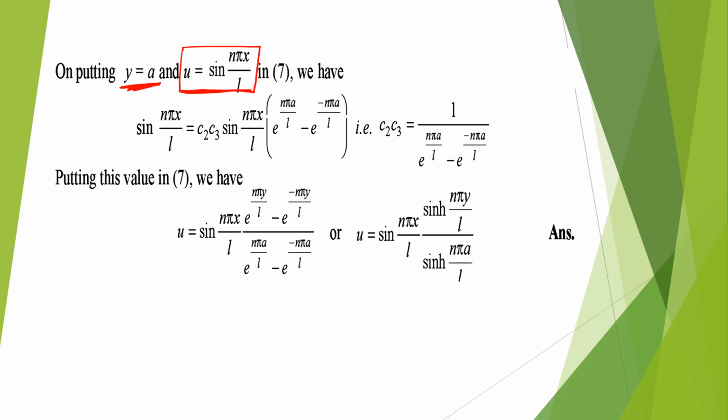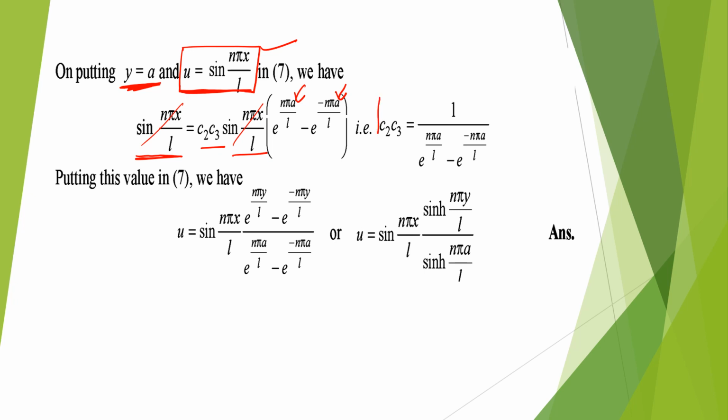So we substitute y equal to a and u equal to this: sin n pi x by L is c2 c3 sin n pi x by L and e to the power n pi a over L minus e to the power minus n pi a by L. So we find that this value is cancelled out.